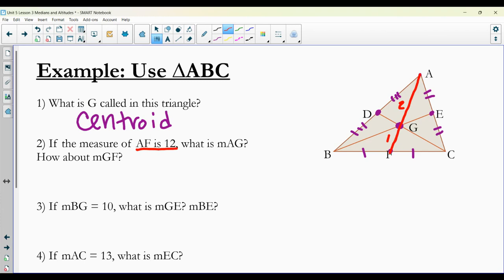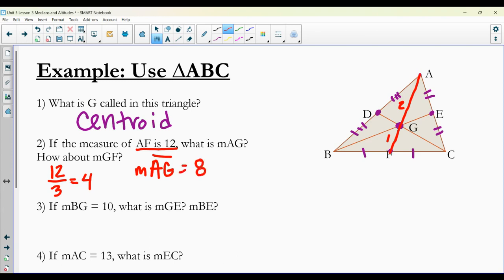So we have to think about how to cut 12 into thirds. Think about how you have 12 divided by 3. That equals 4. From A to G is the bigger part, so we take 4 and multiply it by 2. The measure from A to G would be 8.